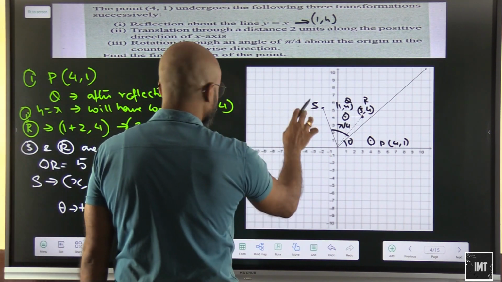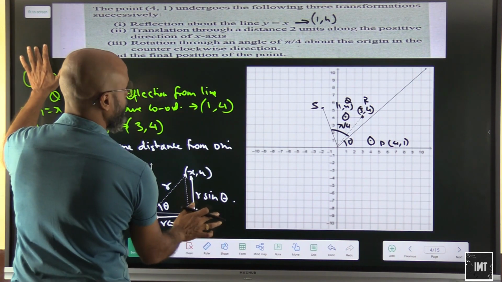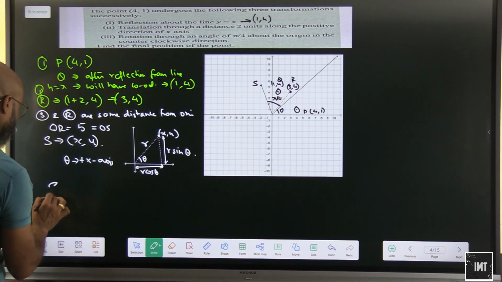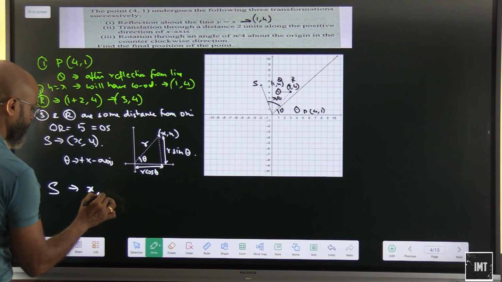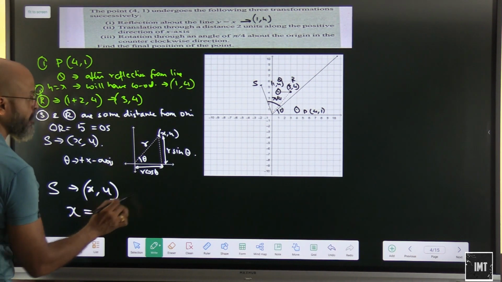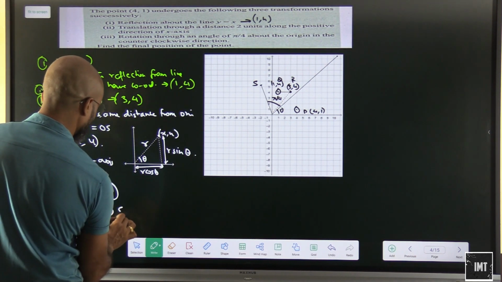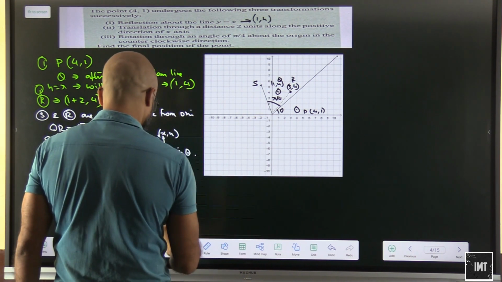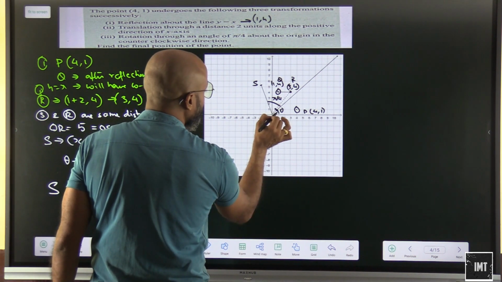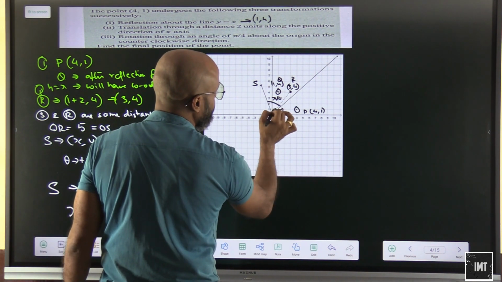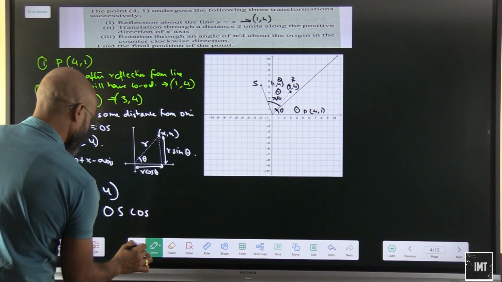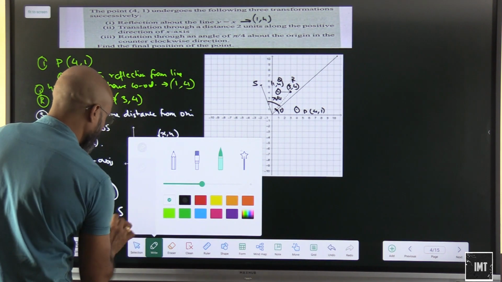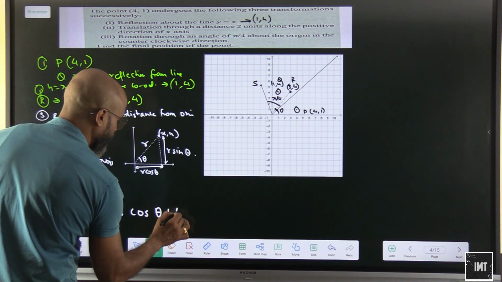Now what about point S? For point S, with coordinates x and y, x will be equal to OS cos of the total angle it makes. The angle that R makes with the positive x-axis is theta, and this is pi by 4, so the total angle will be theta plus pi by 4.